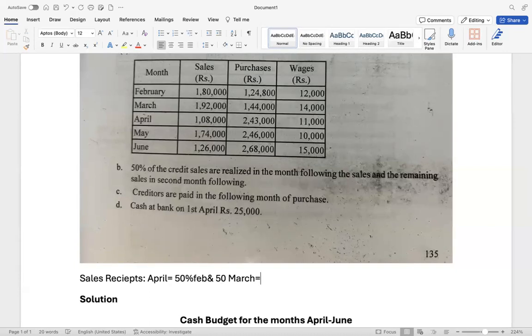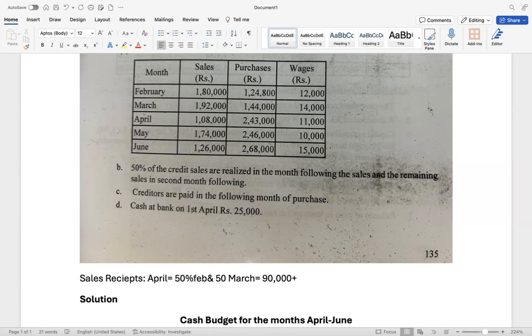So that is equal to, here February 1,80,000. 50% of 1,80,000 is 90,000, plus 50% of the March month, 1,92,000.